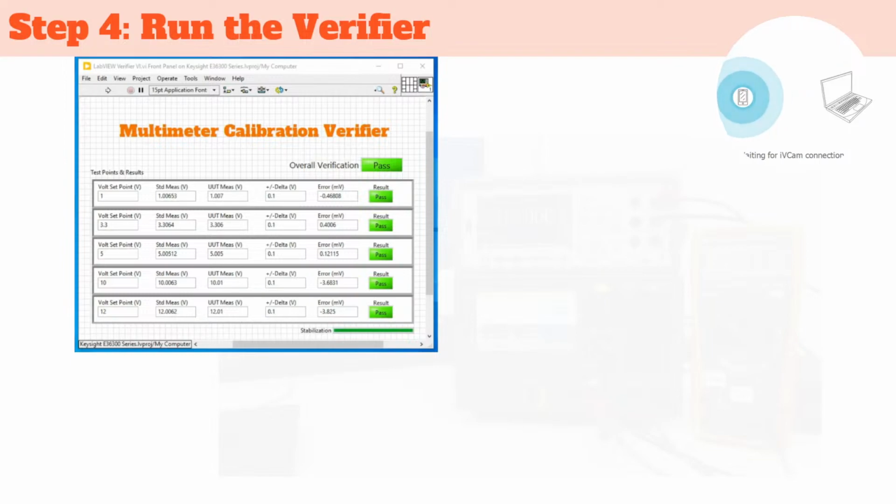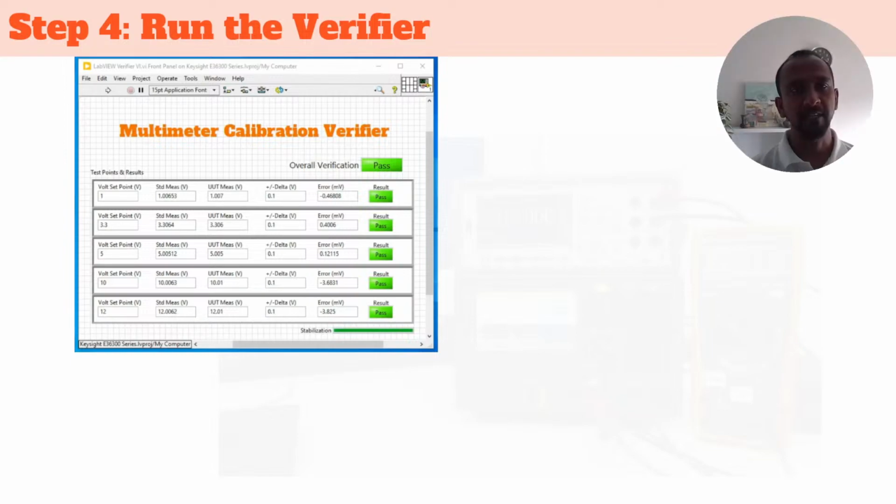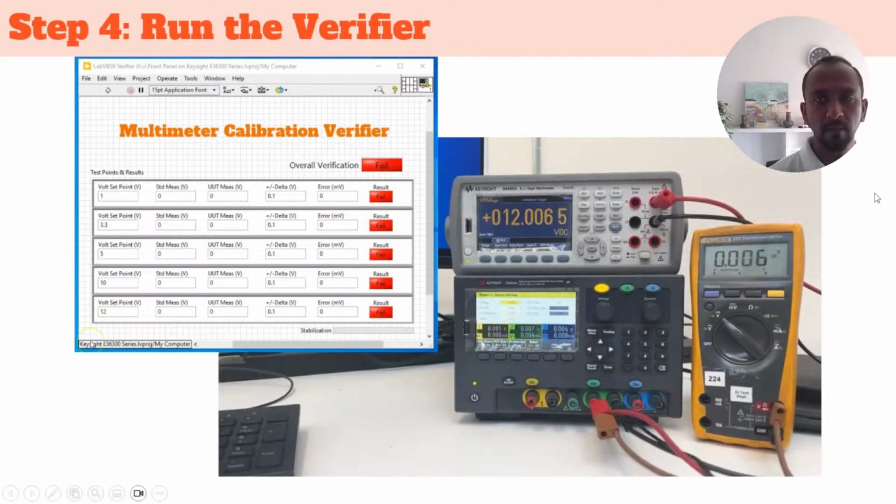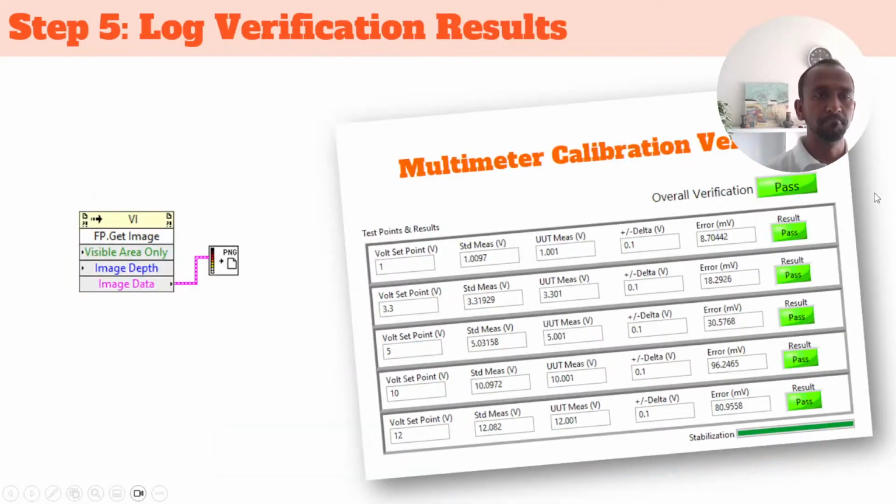So how that happens is, this VI, a little VI that we have connected in the end, takes the image of your front panel and just generates your report straight away.